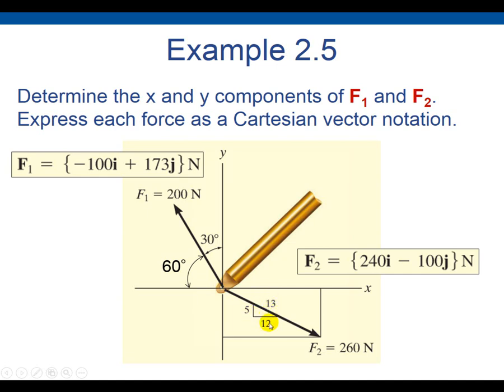What is that? 12 over 13. 260 Newton times 12 over 13, that is for the x component. And for the y component, 260 Newton times 5 over 13. So that is minus y direction. That's why there is minus.